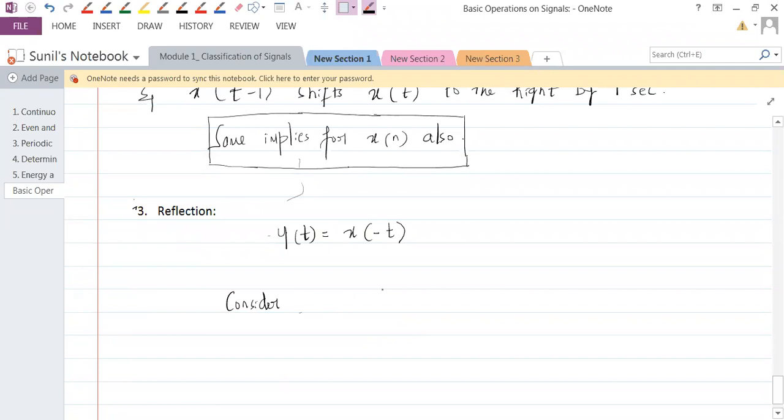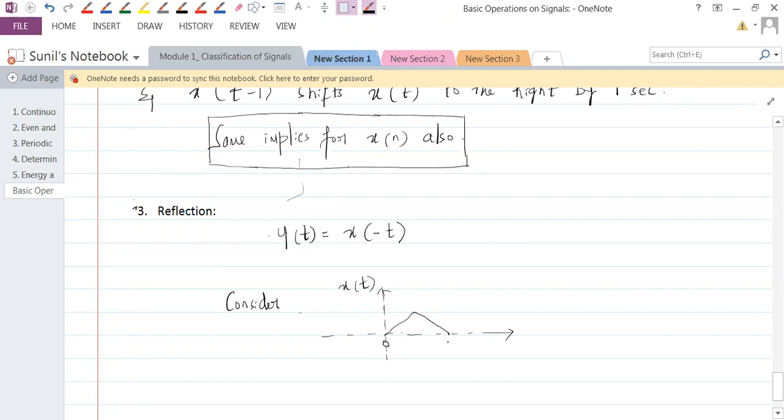Let's consider x of t, which looks like this. It's just an example. You can take any example for this.